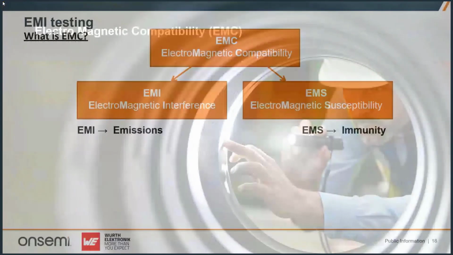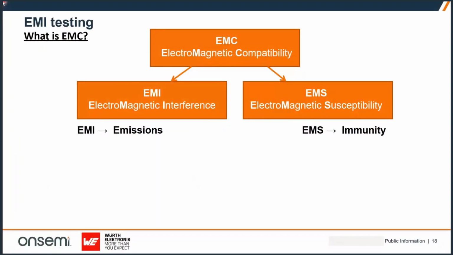Just a quick introduction about electromagnetic compatibility. We have two types of EMC. One is electromagnetic interference, which means what emissions are coming from my application to the outer environment, and the other is electromagnetic susceptibility, which means how immune is my device or application against any external noise.